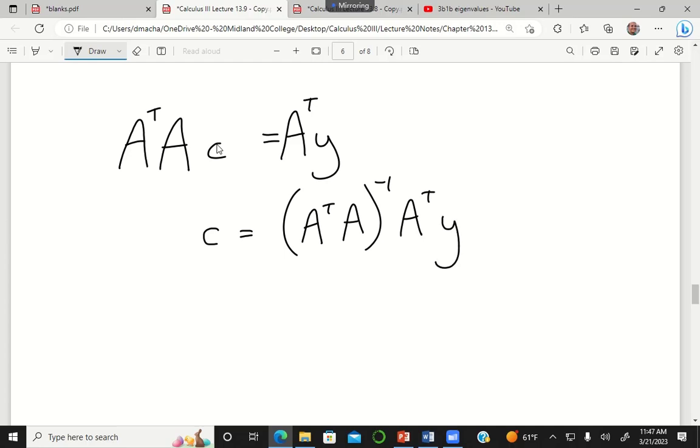And that is the solution to the regression problem. So this vector is going to contain the coefficients of the regression polynomial.